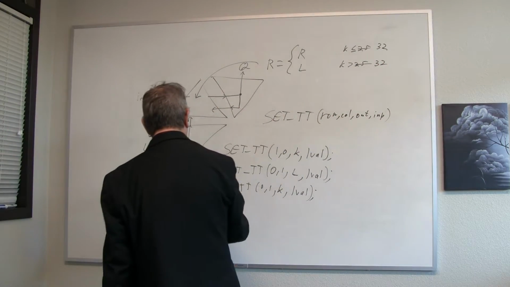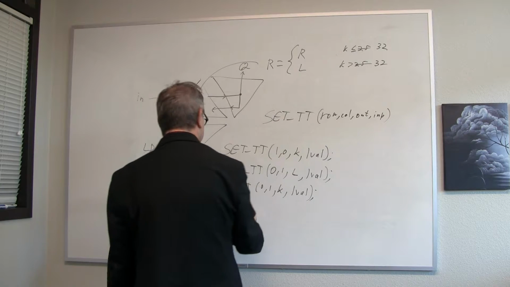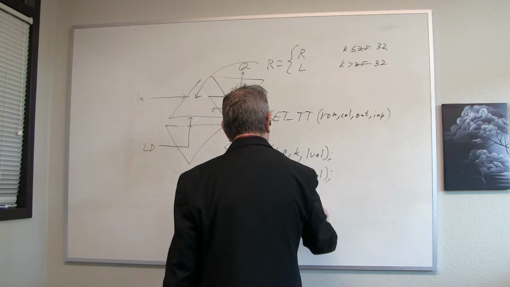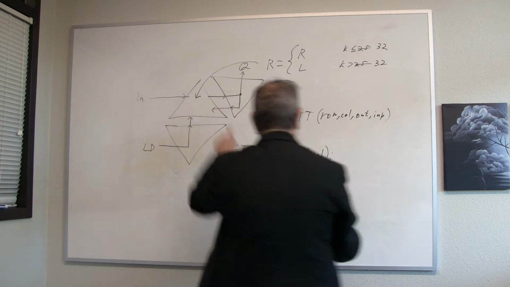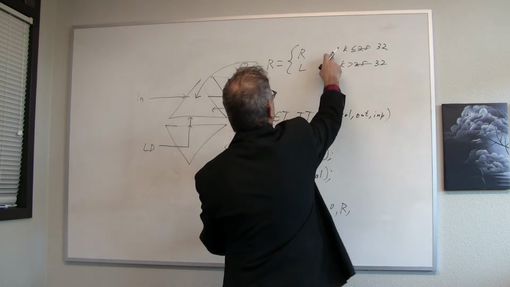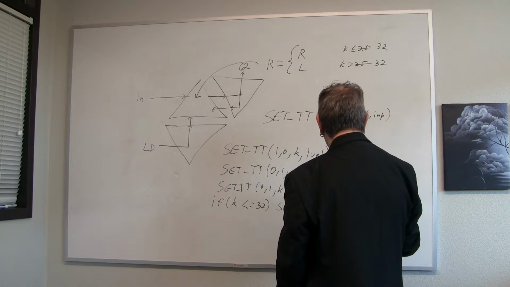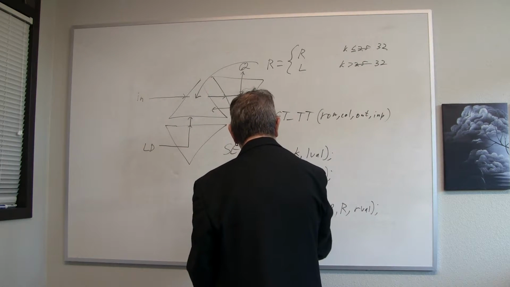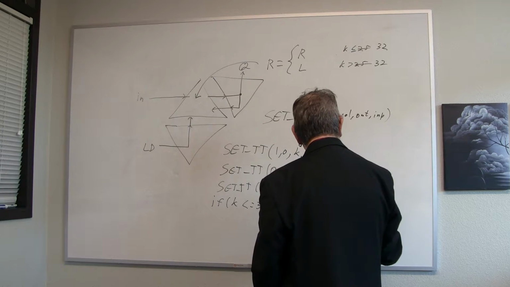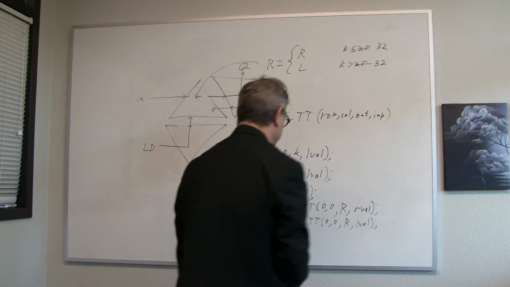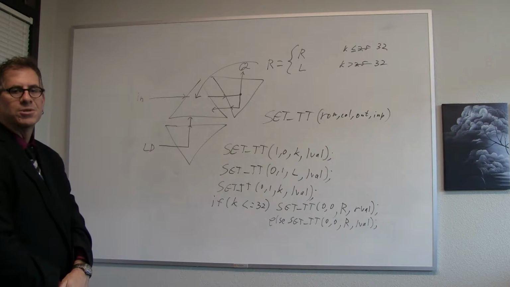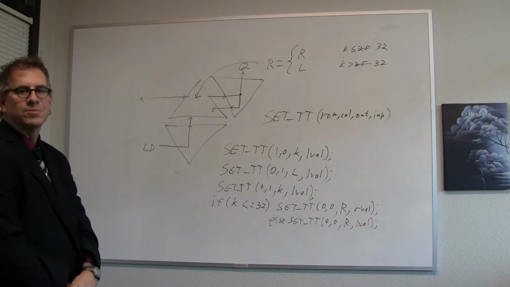And so we can write the following: if K is less than or equal to 32, setTT of 0, 0, and we're setting its right output to be just the R val, else setTT 0, 0, R to be the L value. And there's a program that describes our 3-cell songline circuit.